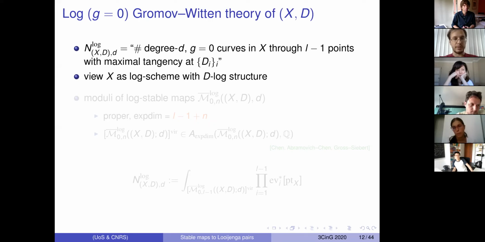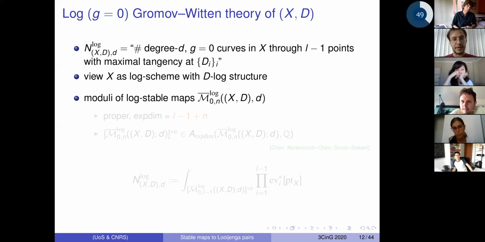And one way to overcome them is to use log geometry. So we can use X as a log scheme with the divisorial log structure given by D. And at that point, the moduli of basic log stable maps to X and D is a proper Deligne-Mumford stack.